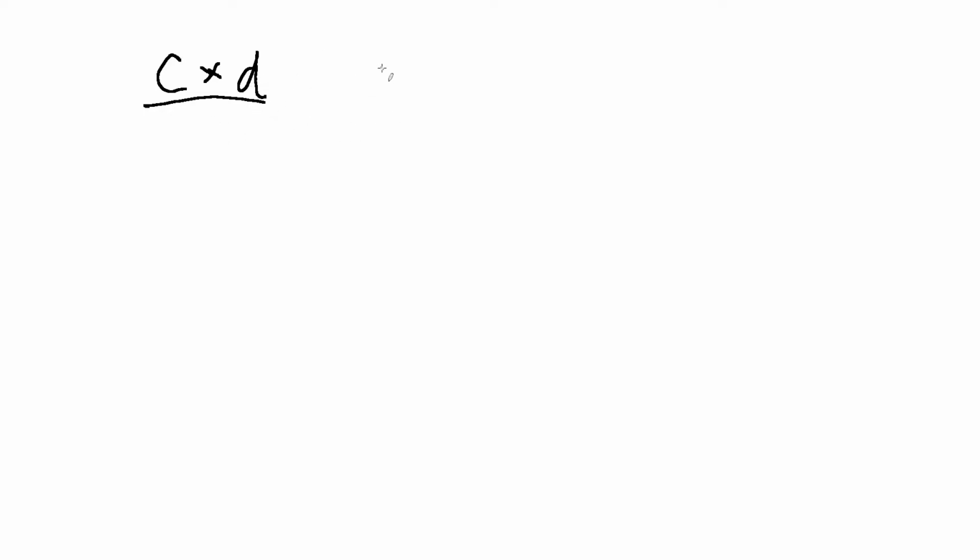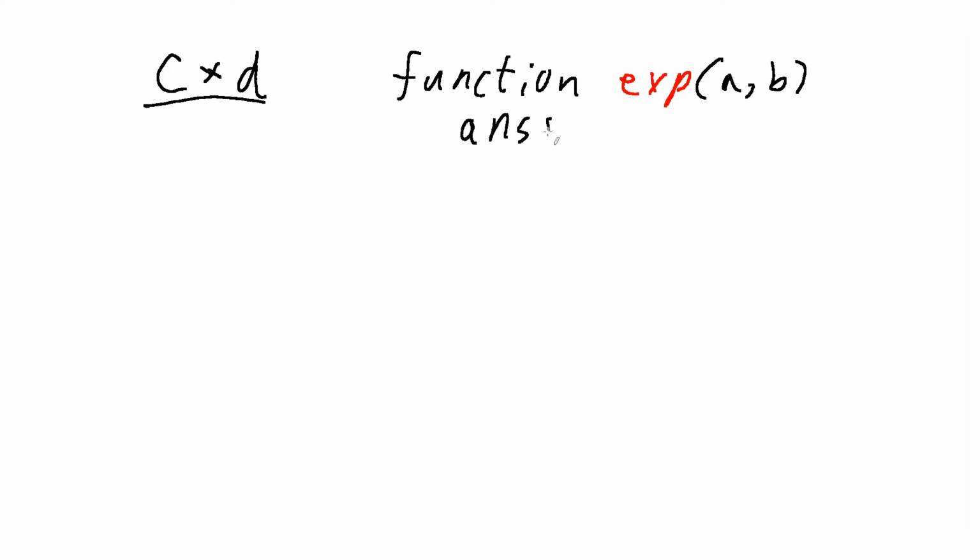Now, let's use pseudocode to define our exponentiation algorithm. So we have a function, exponentiate, and we are exponentiating a to the power of b. We need somewhere to store our answer, so let's just set that to 1.